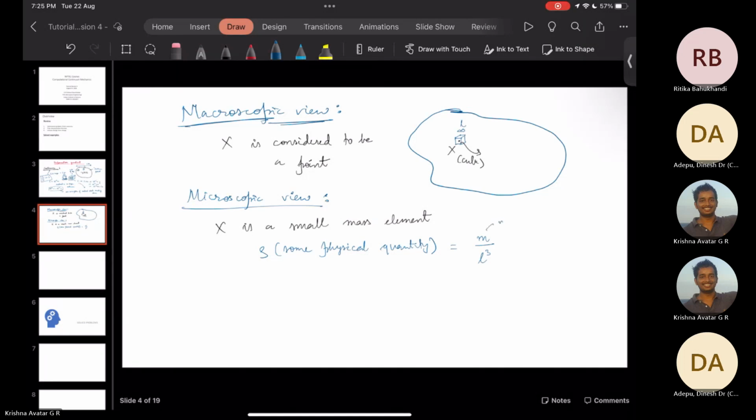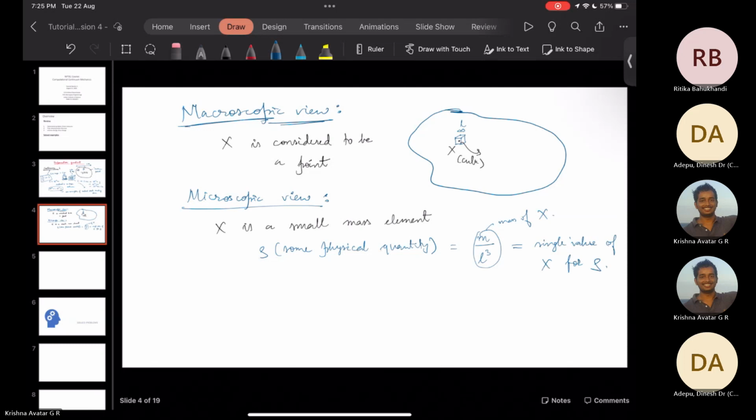And mass M is just the mass of the element, mass of X. This is very much an averaging operation, because we are weighing the total mass and then dividing by L cube. So this gives us a single value of X for property rho.